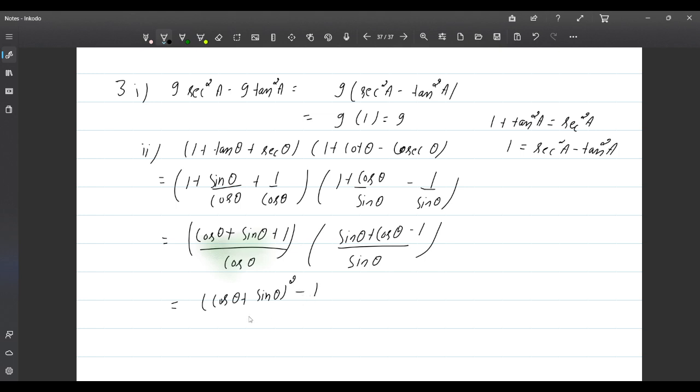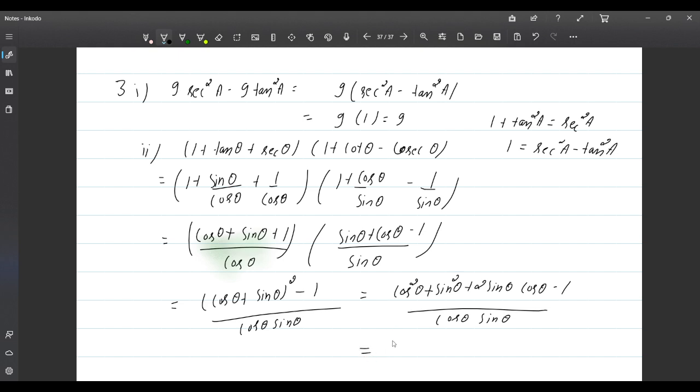So cos theta plus sin theta whole square minus 1 square, which is 1, upon cos theta into sin theta. If we open this, what is this? Cos square theta plus sin square theta plus 2 sin theta cos theta minus 1 upon cos theta sin theta.